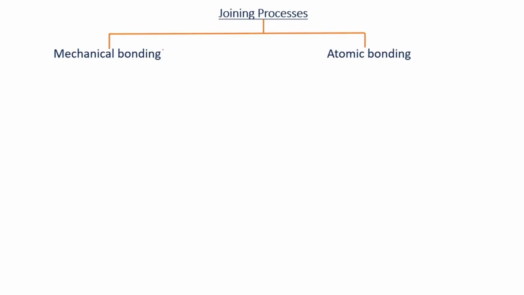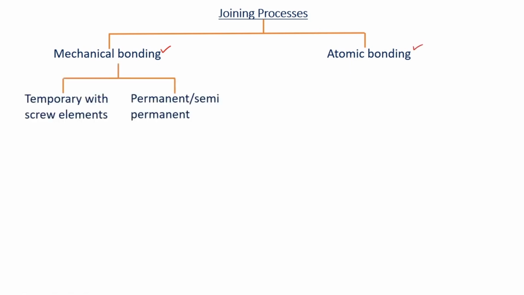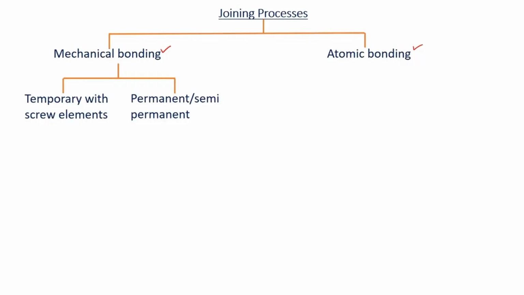So, either we can have the mechanical bonding of the work parts that are to be joined, or we can have the atomic bonding. When the work parts are bonded together temporarily using fasteners or screw elements, we call that the mechanical bonding, temporary mechanical bonding.